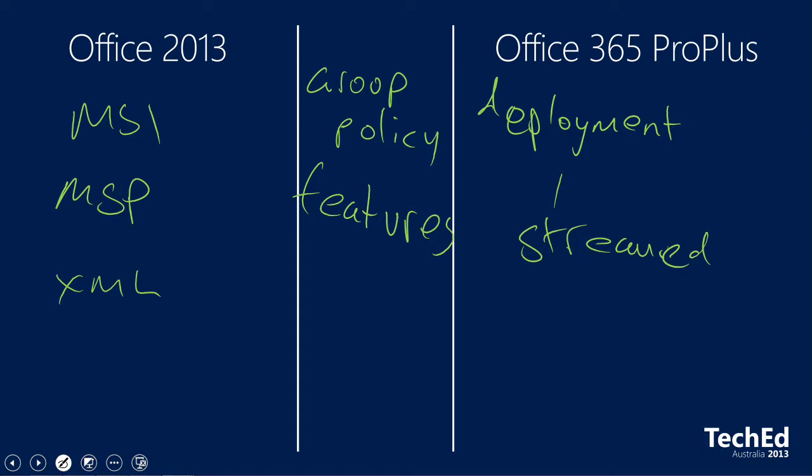We also use a setup.exe file. The setup.exe file is now a separate download that's made available as part of the Office Deployment Tool, or ODT. Unlike the previous versions where you use the setup.exe /admin switch to configure those, we now have a separate tool that can be downloaded to configure and install Office on client machines.